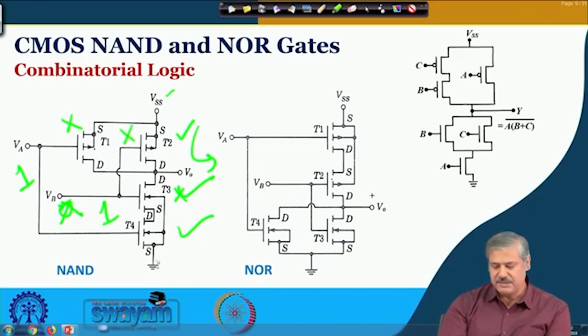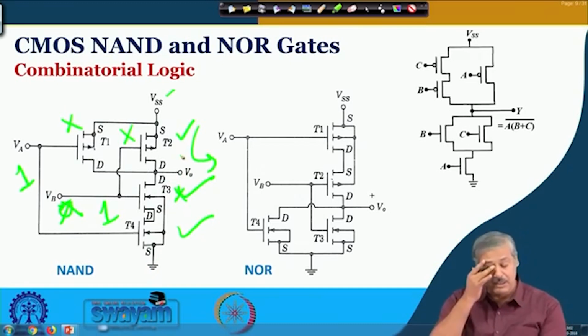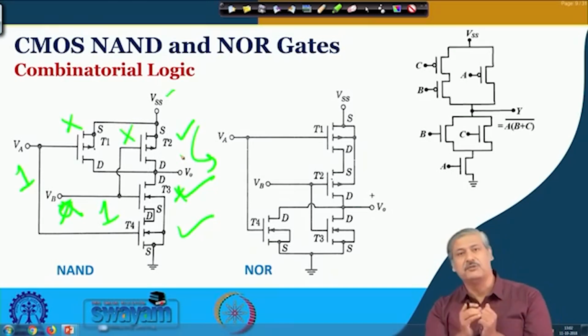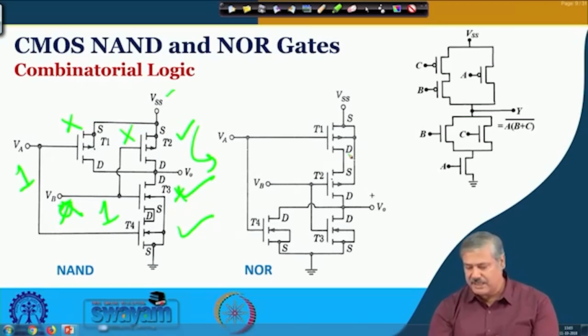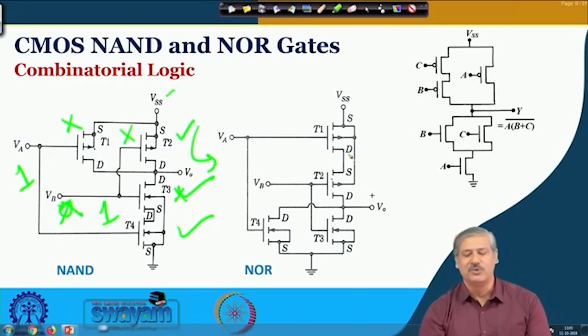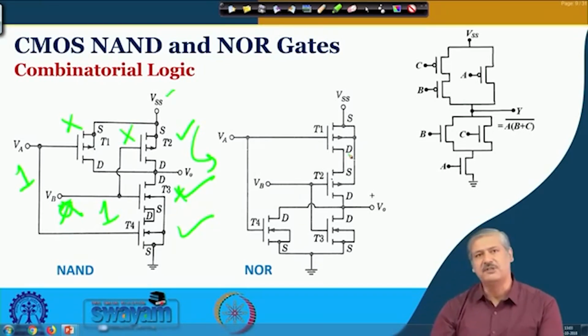So, the ground is available over here. Okay. So, the logic low voltage is available. Is it clear? So, that is how the NAND works. NOR is similar. So, these two will now be in parallel and the PMOS will be in series, right. And extending it further, we can develop many kinds of combinatorial logic by different combinations of this.